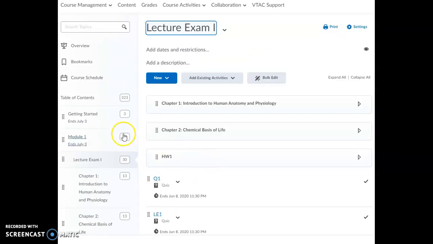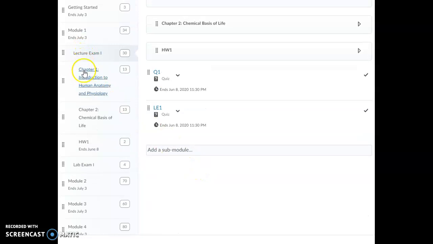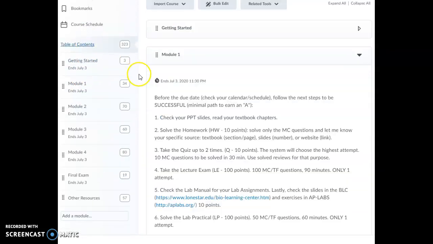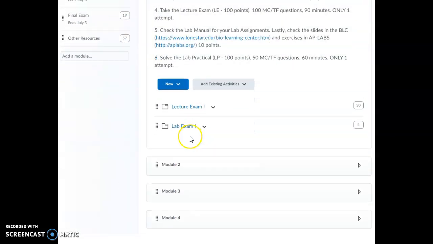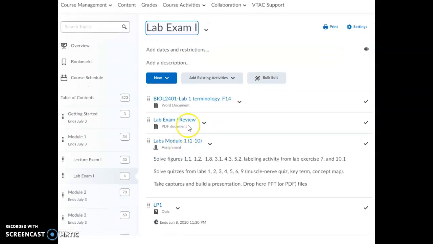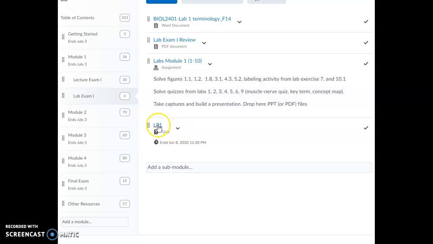The same thing is going to be for lab practicals. You have to check the terminology, check the review first, deliver your homework for labs here, and finally you have to take your lab practical.